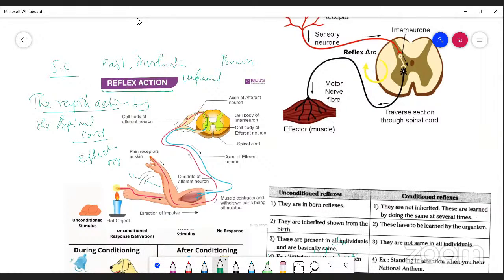The nervous elements involved in carrying out the reflex action are called the reflex arc. That is known as what?